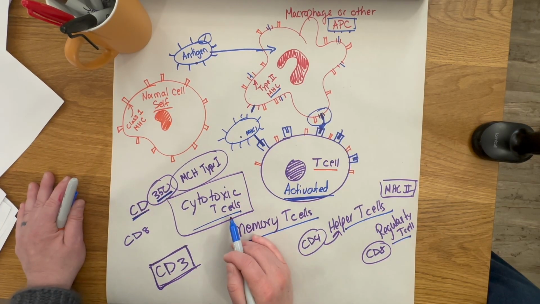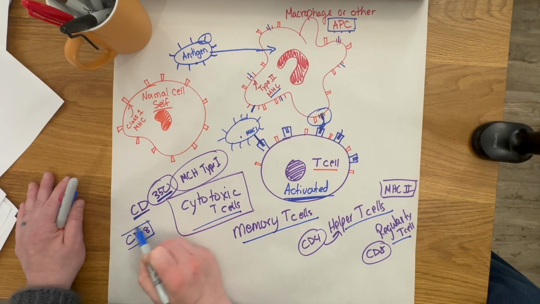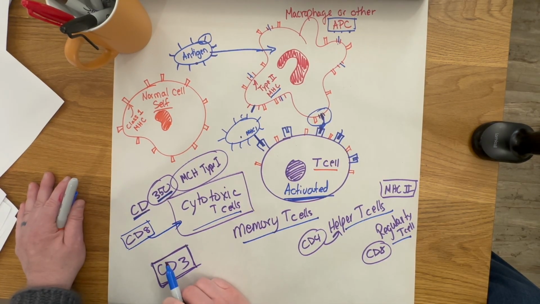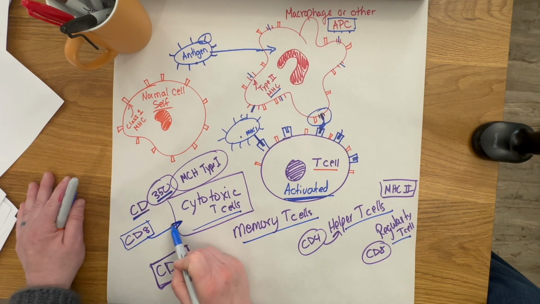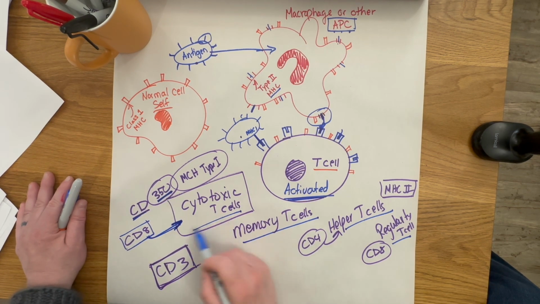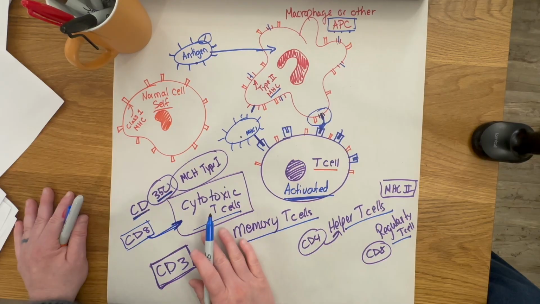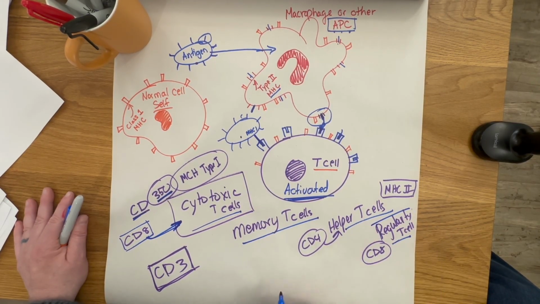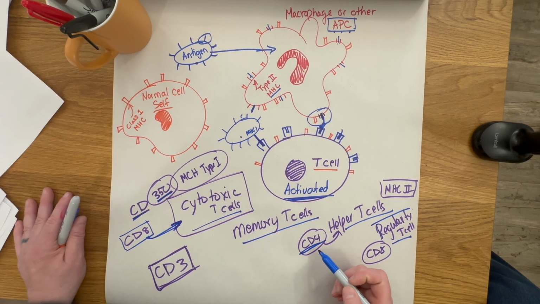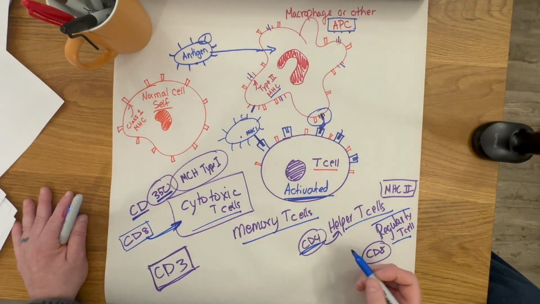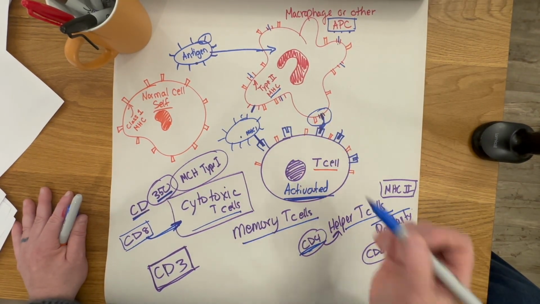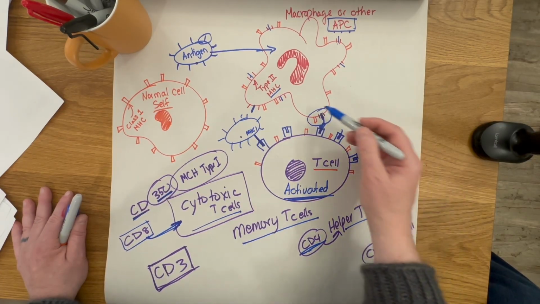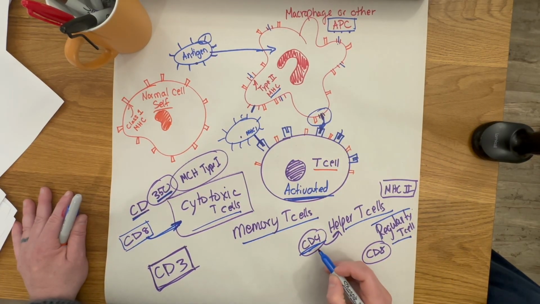So cytotoxic T cells, or CD8 markers, are displayed on them. Okay, the CD8 cluster of differentiation marks them as cytotoxic T cells. Okay, CD8s also are found on regulatory T cells. Okay, helper T cells, on the other hand, have CD4 markers. Okay, and they respond to the MHC class 2 bindings, so that they'll be able to then bind with these antigen presenting cells.